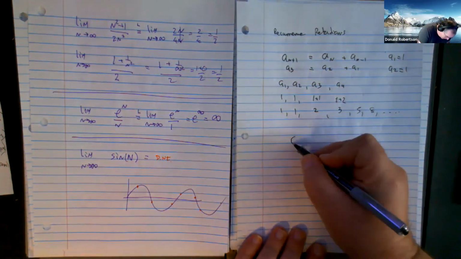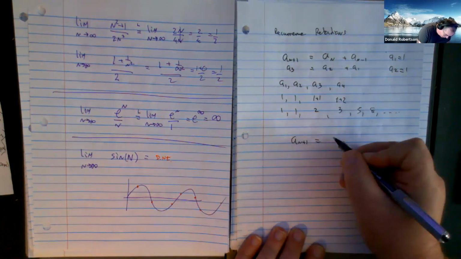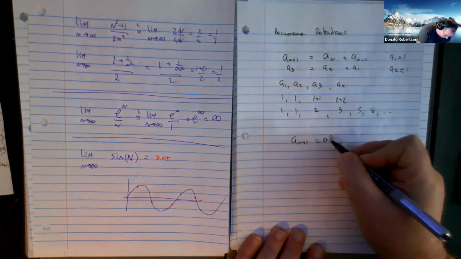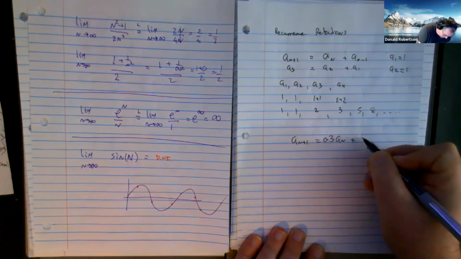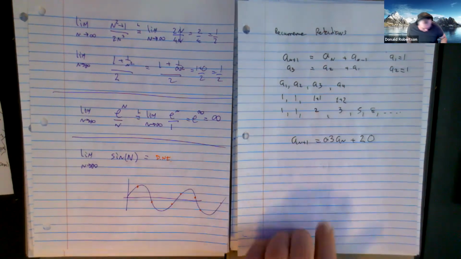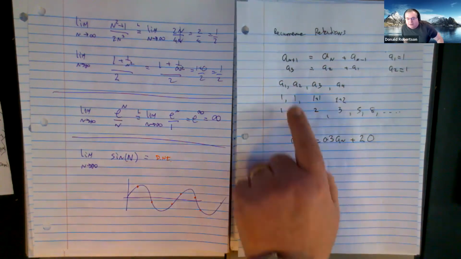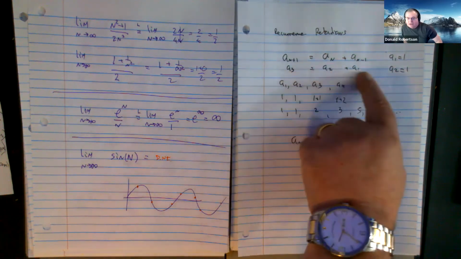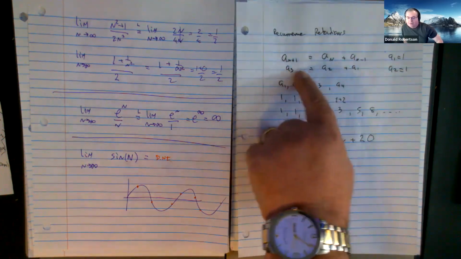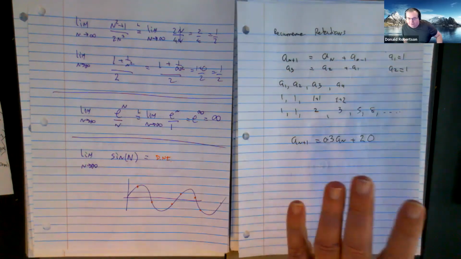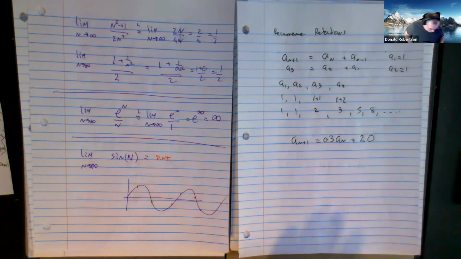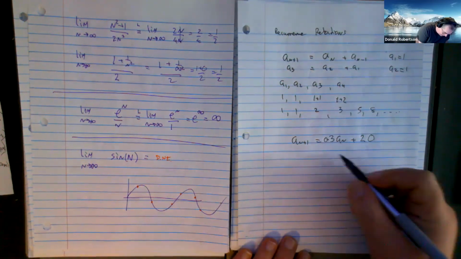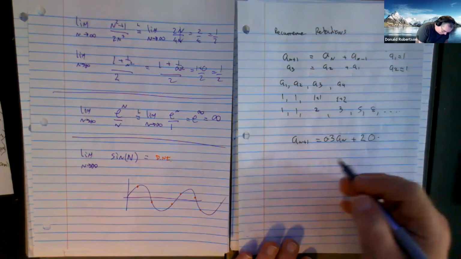You can also get a recurrence relationship that looks like this. You can't really easily solve what is the limit of this type of sequence, just too messy to do. But you can do this one. I can calculate the limit of this one.